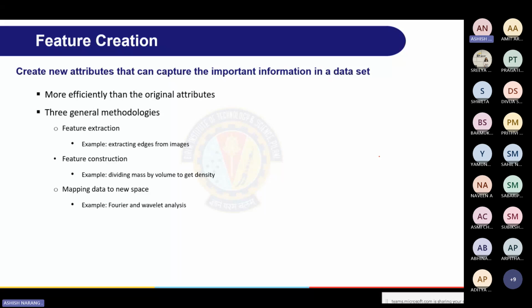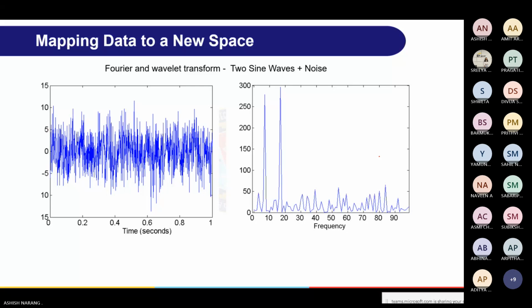Maybe the words are confusing, but just look at what we are trying to understand as of now. Look at when I say moving the data to a new space. This was the sound wave that we are actually having, right? Sine waves. There is a noise also, right?